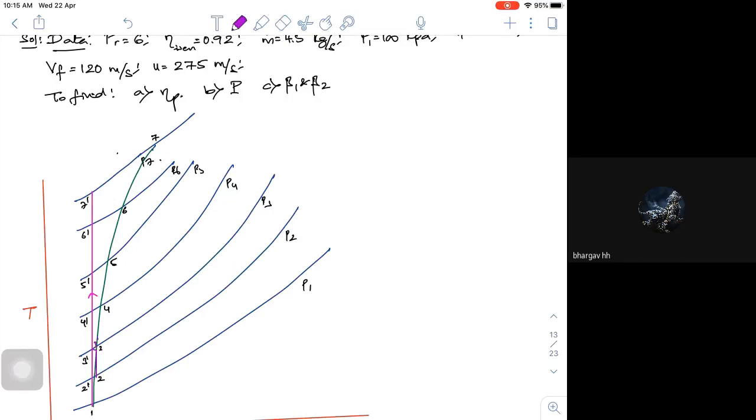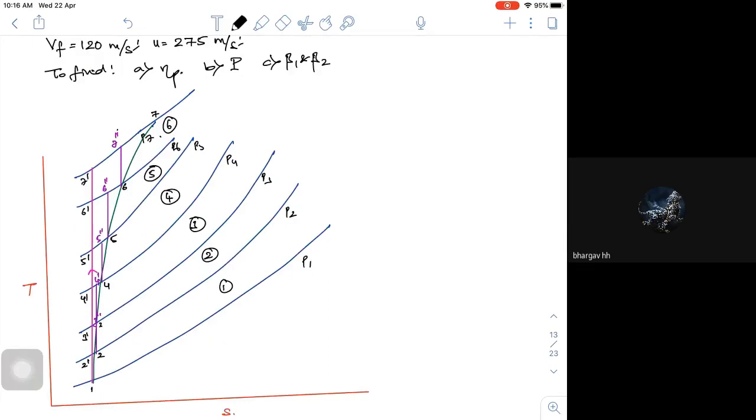Then 4 double dash, 5 double dash, 6 double dash, and 7 double dash. How many stages are there? 1, 2, 3, 4, 5 and 6 stages. The corresponding TS diagram should be something like this.